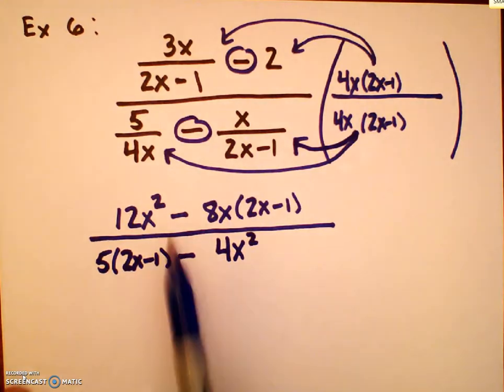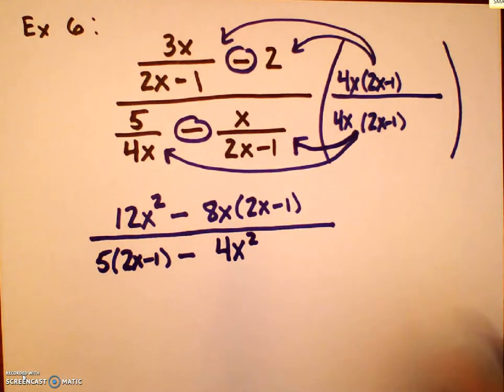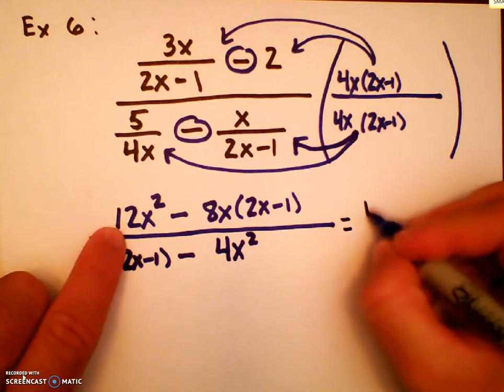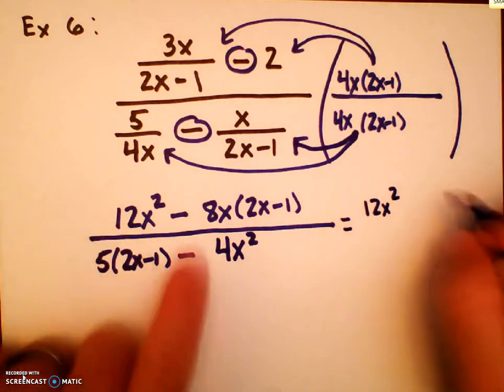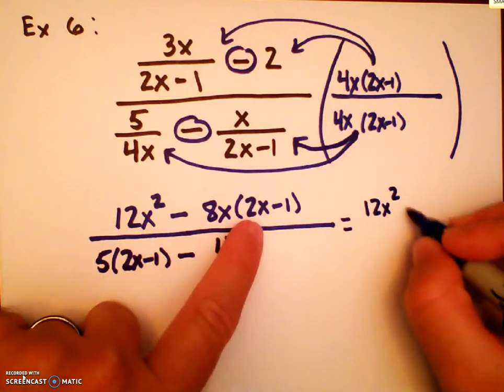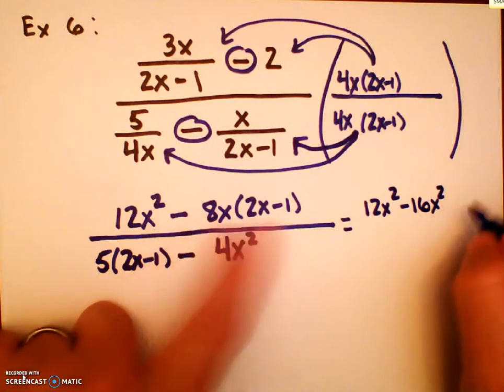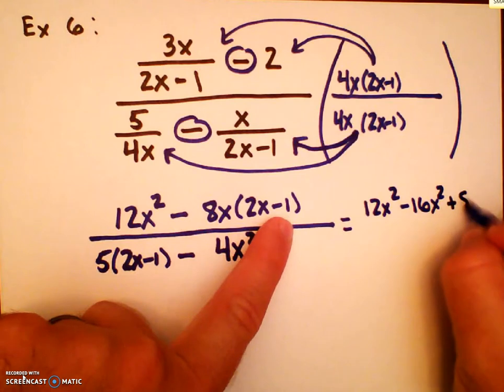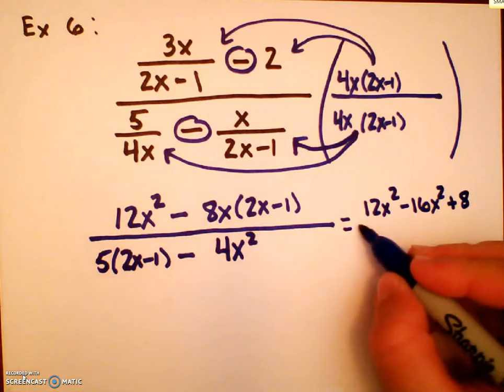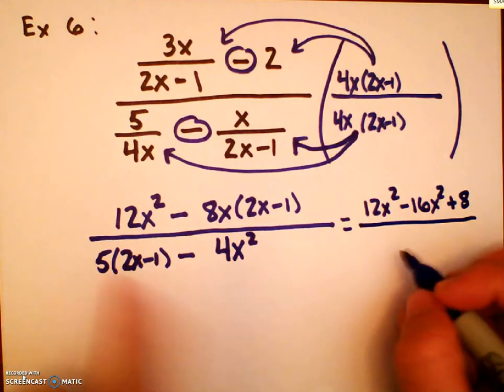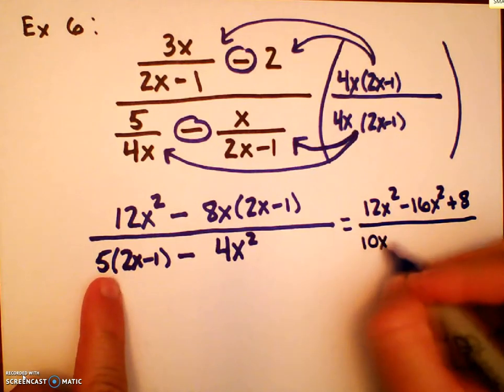Now you want to simplify as much as possible. So we're going to distribute. 12x squared drops. Negative 8x times 2x is negative 16x squared. Negative 8x times negative 1 is positive 8. On the bottom, I'm also going to distribute to get 10x minus 5.